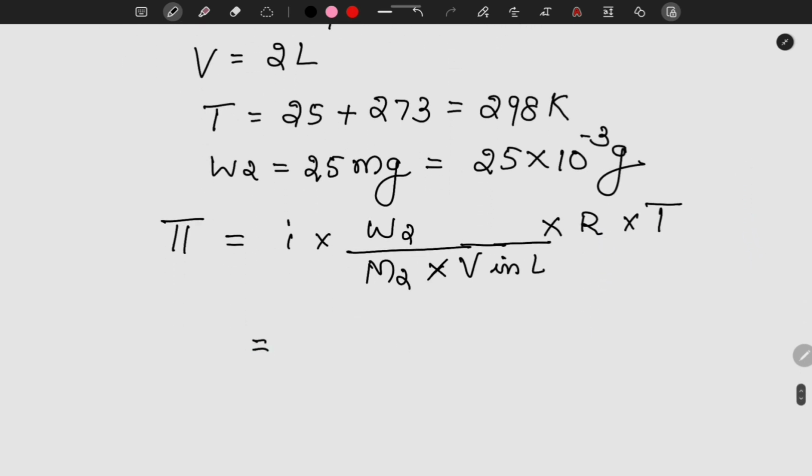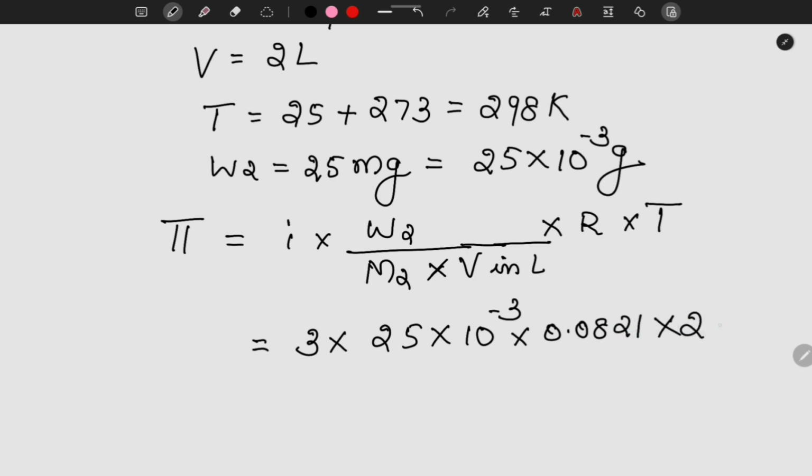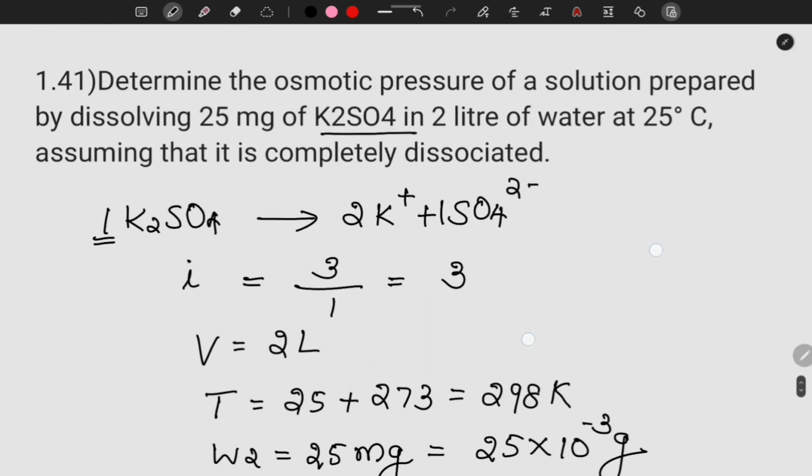Now let us substitute all the values. 3 into mass of solute 25 into 10 raised to minus 3, universal gas constant 0.0821 into temperature 298, divided by molar mass of the solute.